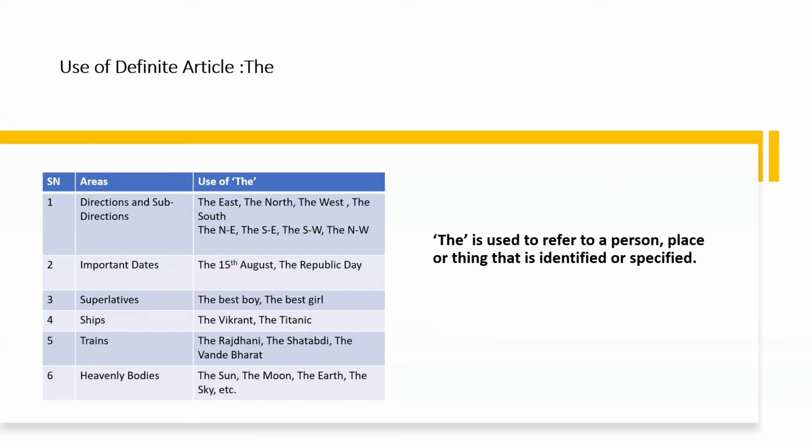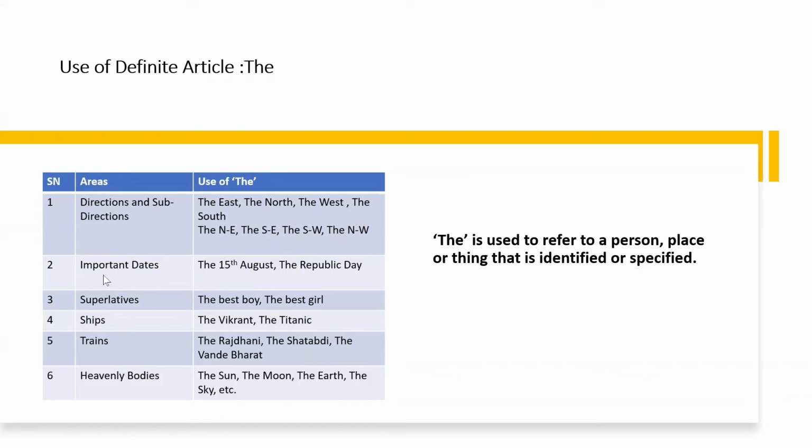The definite article the is used before these areas. I've listed out the areas. Just look at it. Before all the directions and subdirections. Examples: the east, the north, the west, the south, the northeast, the southeast, the southwest, the northwest.